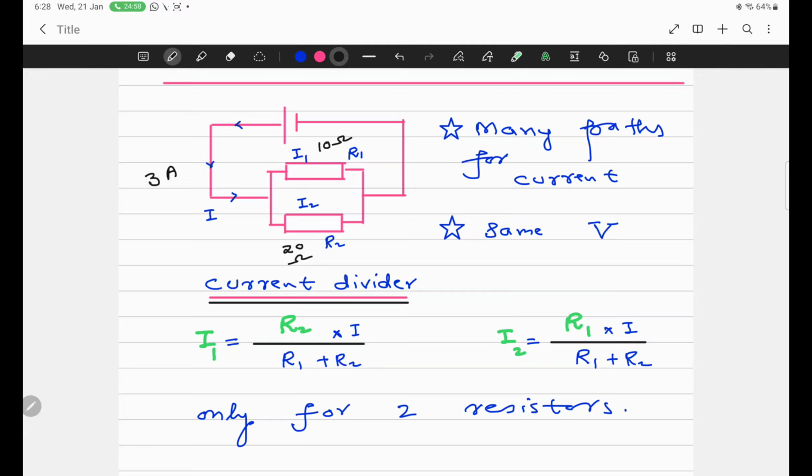Simra, can you tell me what will be the current through R1? But use this formula, okay? Because it is a practice question. What is the current through R1?